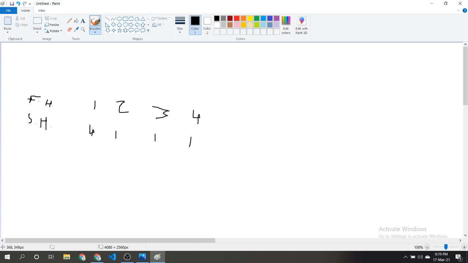Let's say that it was 30. After I buy this first flower, between buying this 4 or buying this 30, 30 will be more beneficial, so we will buy 30.